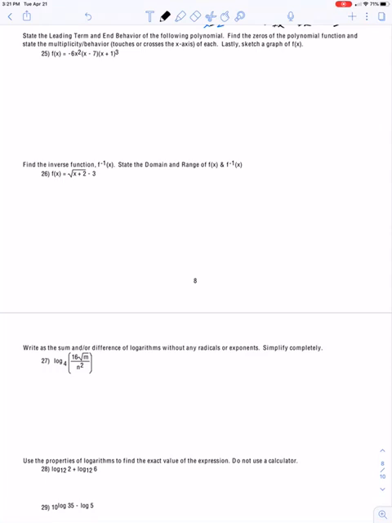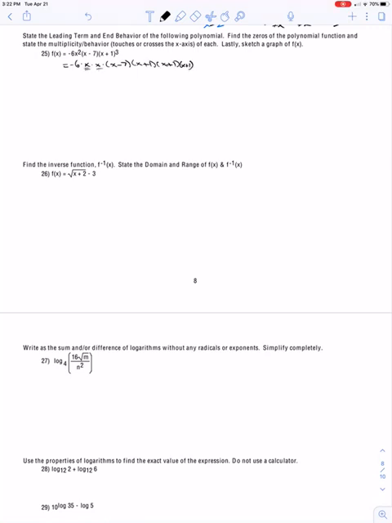One thing nice about this polynomial is they've done the work for us. It's already been factored, so we're going to find the zeros. If you wanted to, you can show these linear factors. I've got negative 6 times x squared, which is x times x, times x minus 7, times x plus 1 cubed, which is x plus 1, times x plus 1, times x plus 1.